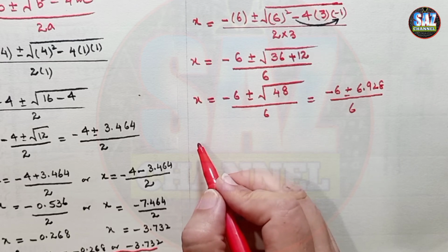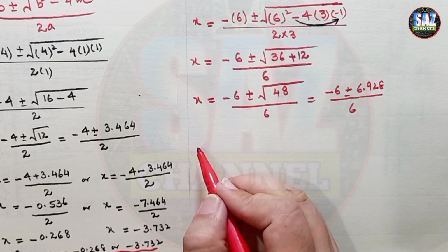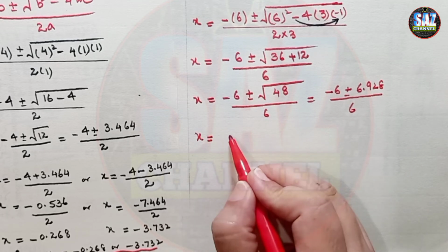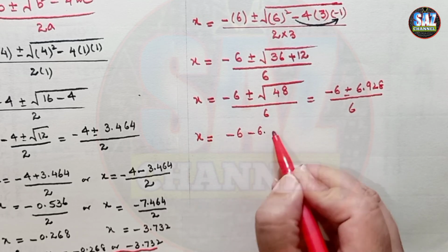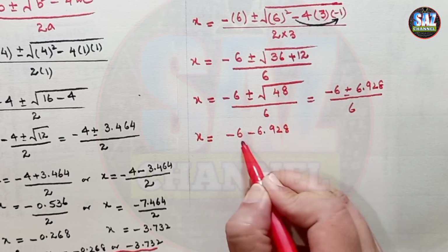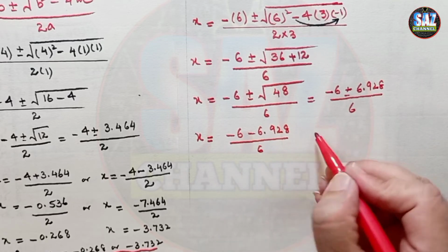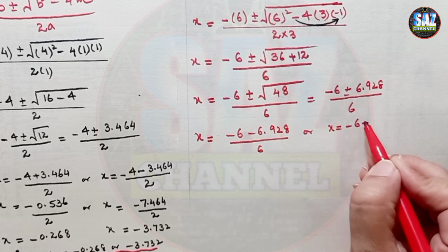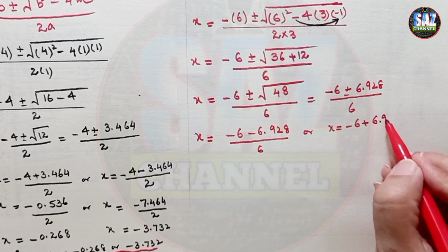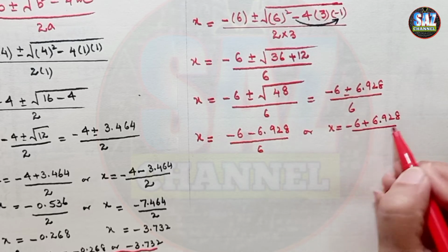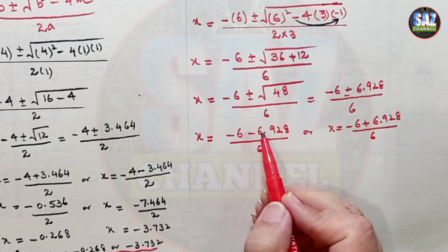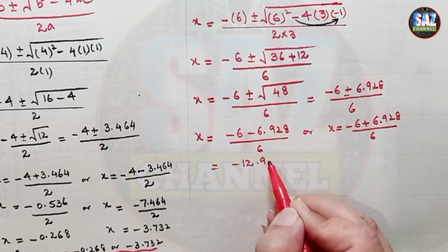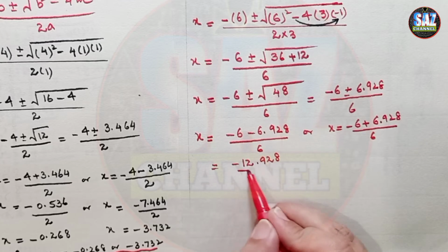That will give me x equals minus 6 minus 6.928 by 6, or x equals minus 6 plus 6.928 upon 6. When I'm adding 6 and 6, this will give me minus 12.928 by 6.